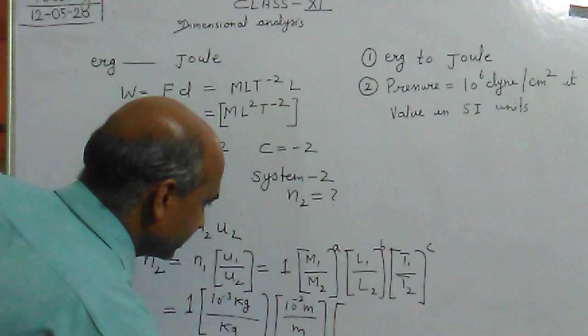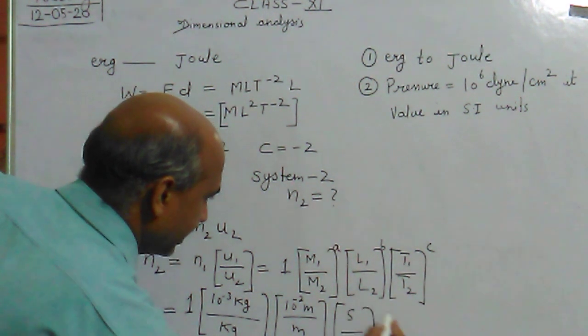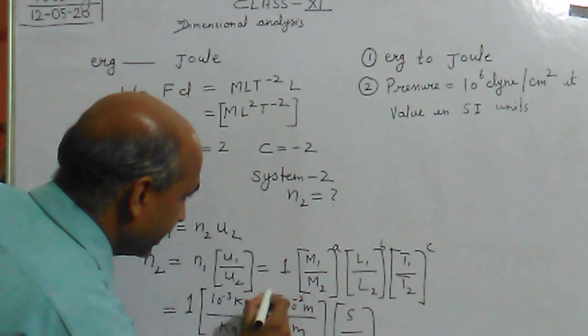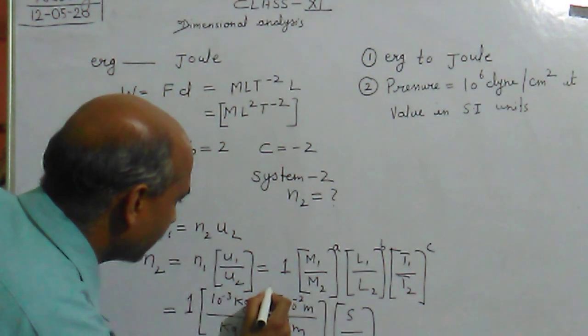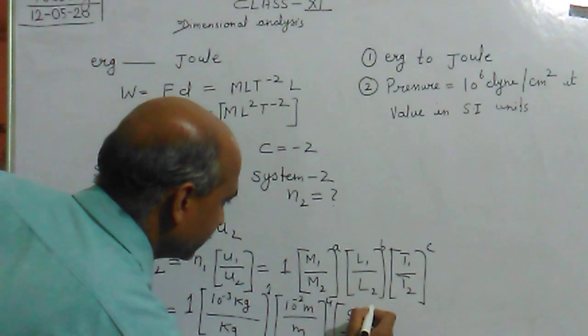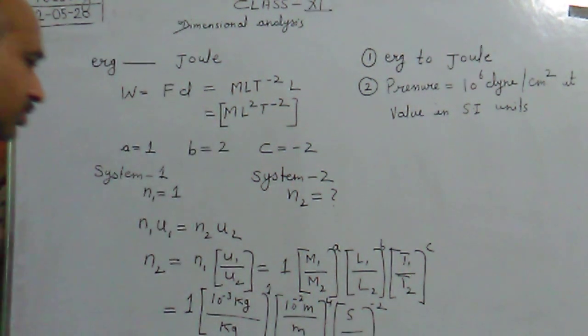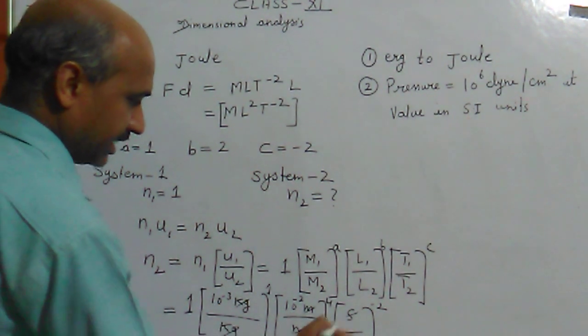And T1 means second upon second, and value of a here is how much, the value of a we have found, the value of a is 1, value of b is how much, it is 4, and value of c is how much, minus 2. So kg gone, meter gone, second gone.